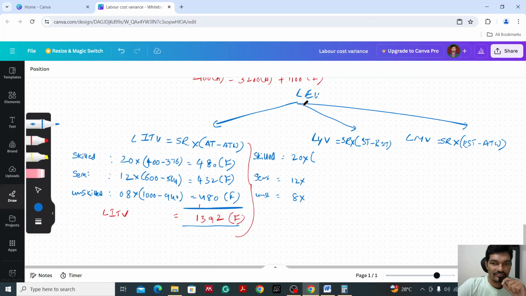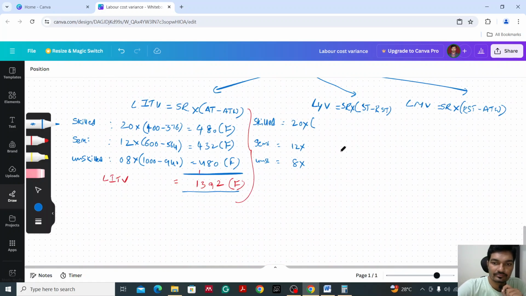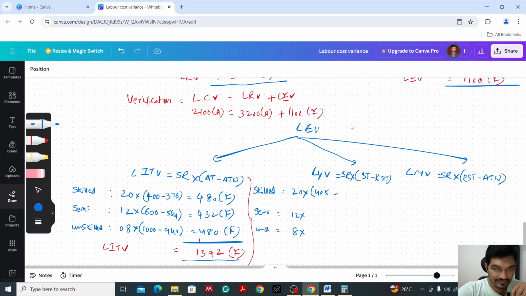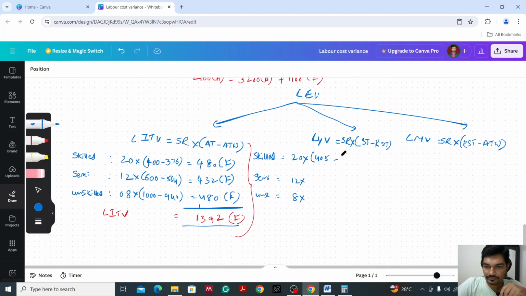So first we do labor yield variance. The standard time according to the table is 405, 810 and 810. 405 minus revised standard time RST according to the table 376, and we are getting a positive value of 580 in favor.